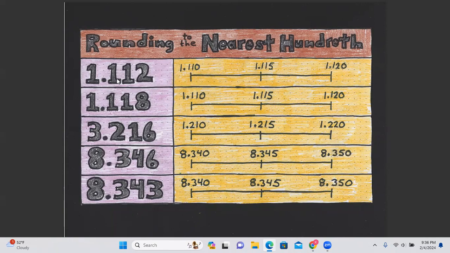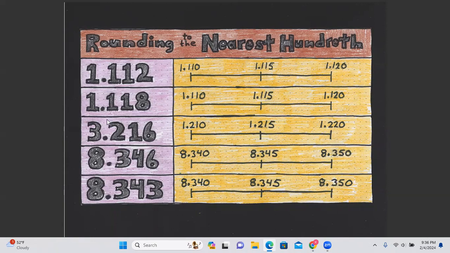And as you can see, 112 is smaller than 115, and so we know that it's going to be in this direction, which will lead us back to rounding it to 1 and 11 hundredths. Now let's take a look at the next number, 1 and 118 thousandths. And as you can see right here, 118 is larger than 115.